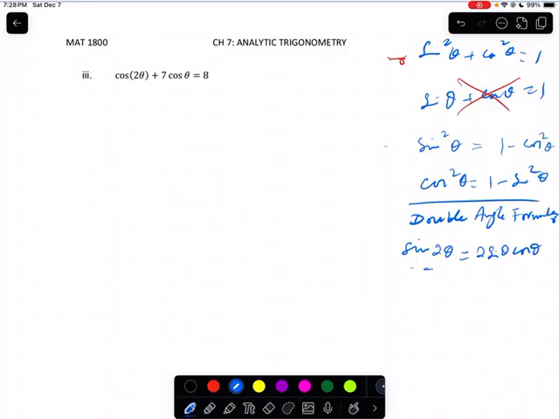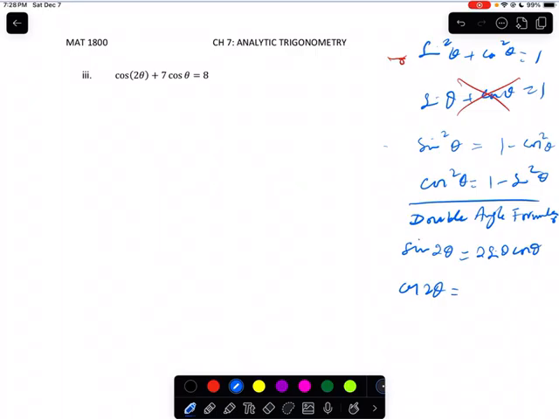Cosine of 2 theta has 3 forms, which you have seen. Actually, we verified them in section 7.1, I believe.